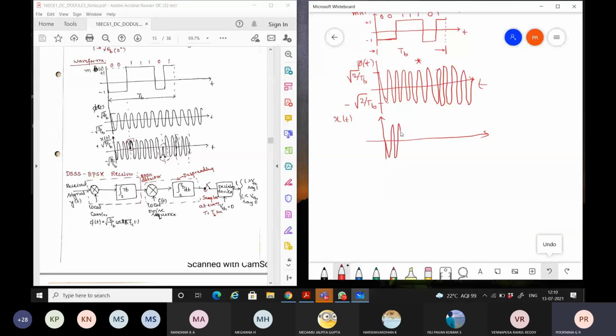Okay, so there will be a 180 degree phase shift because of 0 to 1. So for its duration, the same carrier will continue, and again when it comes from 1 to 0, there will be a minus 180 degree phase shift.